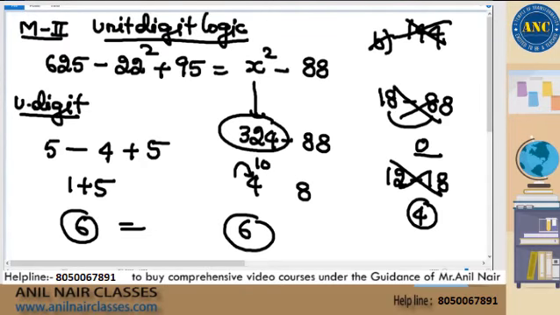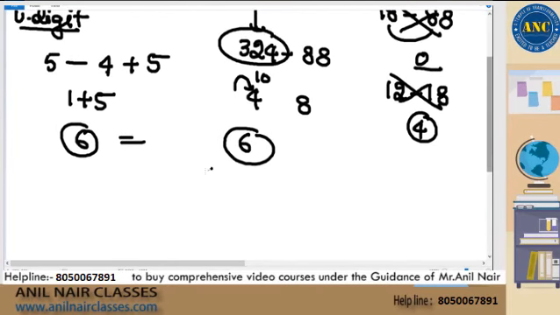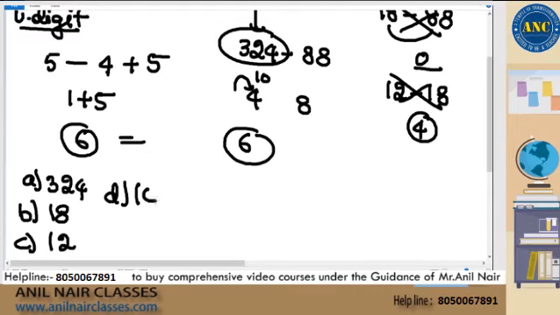I already explained, right? 324 I picked out from the answer options. The options are 324, 18, 12, 144, 16. I picked out 324.